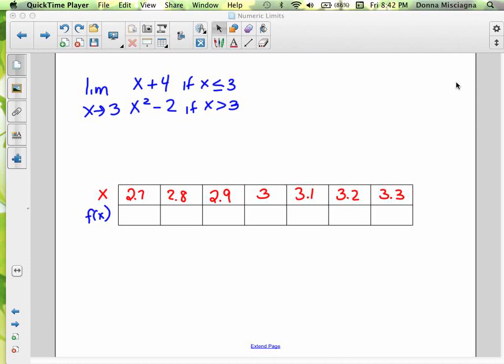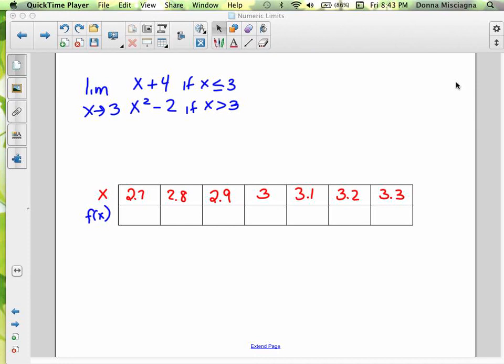So when you have a piecewise function, you have to make sure you plug into the right part. If my values are less than or equal to 3, I'm going to plug into x plus 4. If my values of x are greater than 3, I'm going to plug into x squared minus 2.